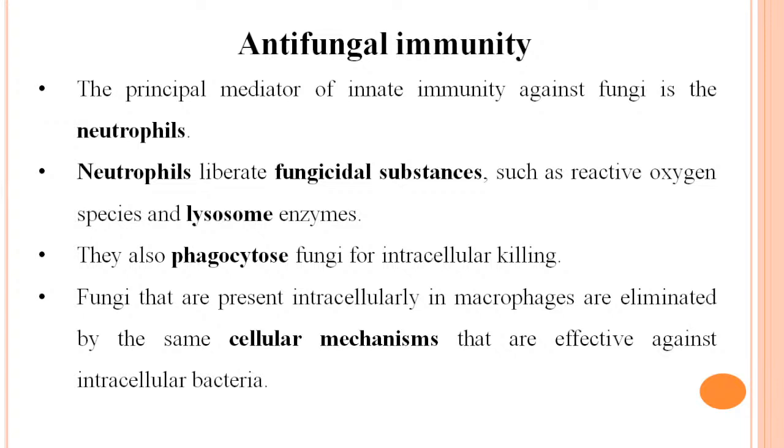These are superficial mycosis that includes keratomycosis and dermatomycosis. Then subcutaneous mycosis that infect subcutaneous tissues and muscles, and deep mycosis that infect internal organs, lungs, for example, liver, and spread within the human organism.